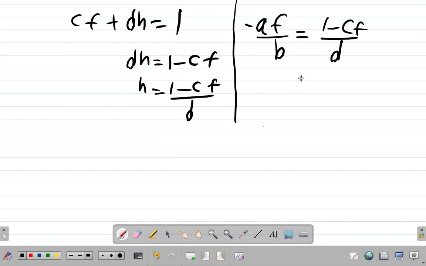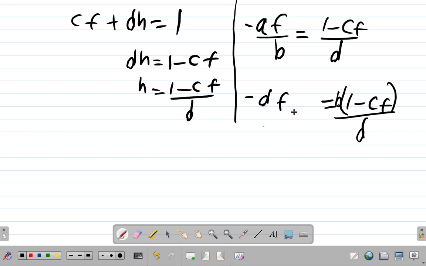So if we multiply both sides by B, we're going to have negative AF, and B would multiply all of this, and it will be divided by D.